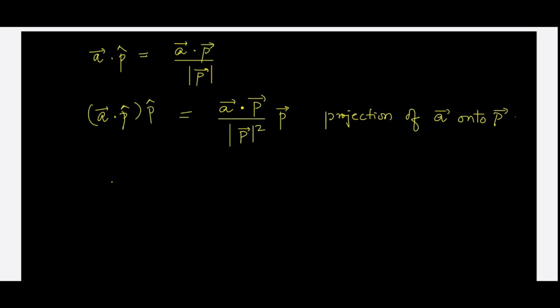We have done this before also when we're doing the dot product. So just for the sake of completeness, this is i cap, j cap and k cap. So we have i cap dot i cap, j cap dot j cap, k cap dot k cap equals to 1, right?